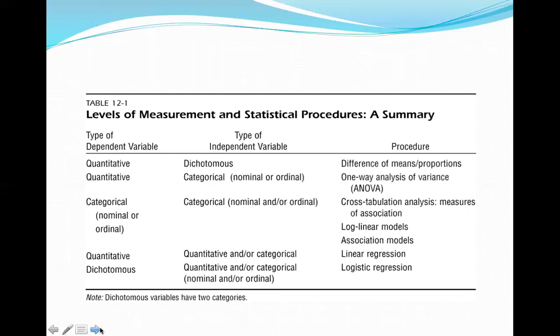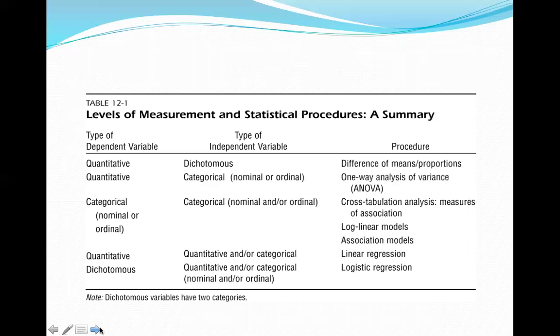So this is drawn from your textbook. I just want to look at this table for a second and give you some examples of what I'm talking about. Remember my example from speaking about statistical inference. I walked through an example of differences in receiving the death penalty, the dependent variable, versus gender, which would be what we'd call a dichotomous nominal variable.